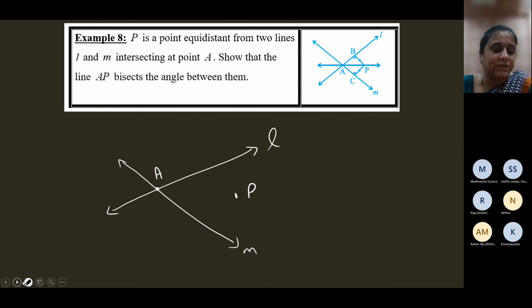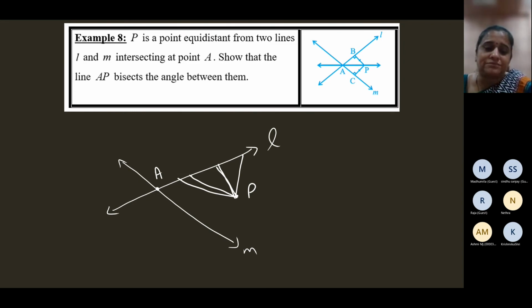Now you're standing at P. To reach L, you can walk like this, or like this, or like this. So which distance are they talking about? It's the perpendicular distance.